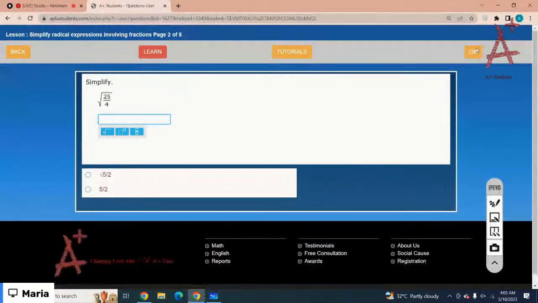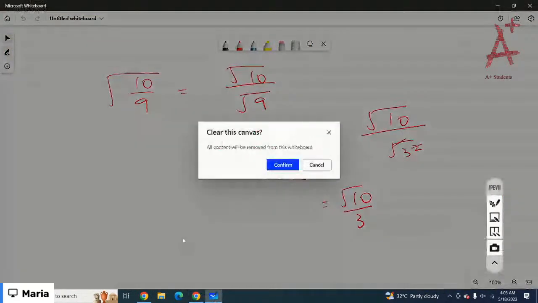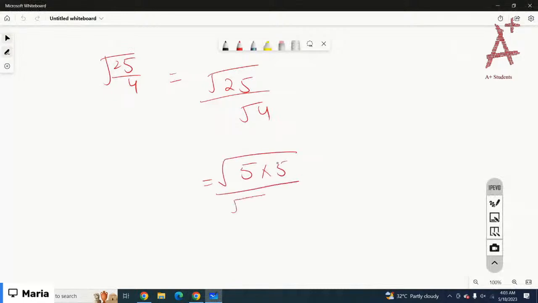Okay, the next one is square root of 25 divided by 4. Let's factor them both in the numerator and denominator. It would be 5 times 5, and you can write 4 as 2 times 2.